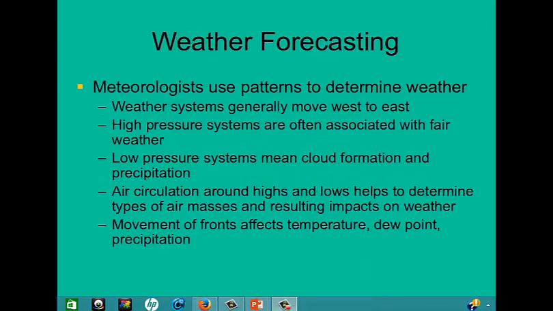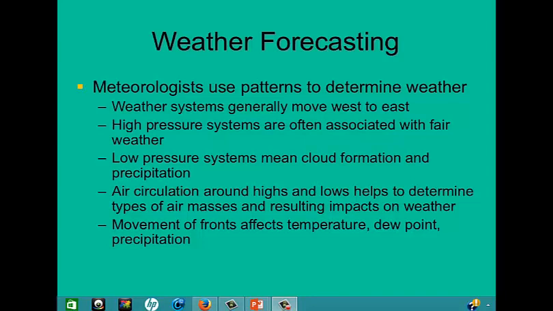And lastly, meteorologists will use these patterns to determine the weather. Weather systems generally move from west to east in our country. This is due to the jet stream mostly. We have high pressure systems that are often associated with fair weather, and we'll talk about that in more detail shortly. The low pressure systems mean cloud formation is possible, and precipitation can occur in all different types and forms.